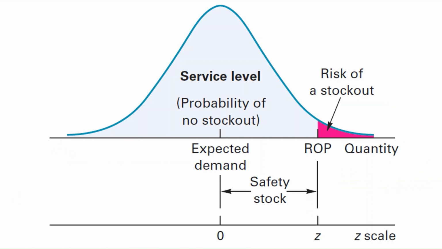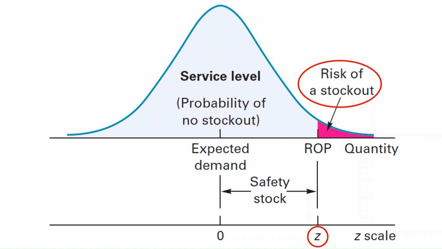The models generally assume that any variability in demand rate or lead time can be adequately described by a normal distribution. The value of Z used in a particular instance depends on the stockout risk that the manager is willing to accept. Generally, the smaller the risk the manager is willing to accept, the greater the value of Z.